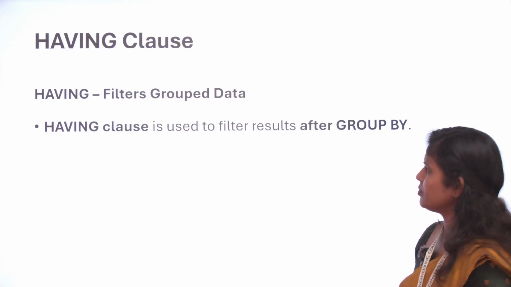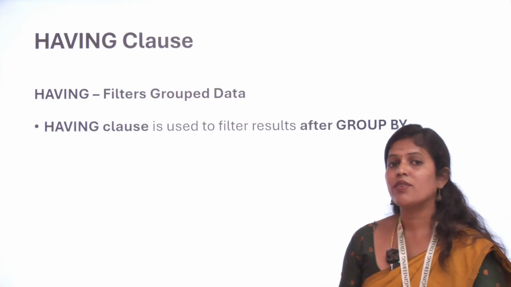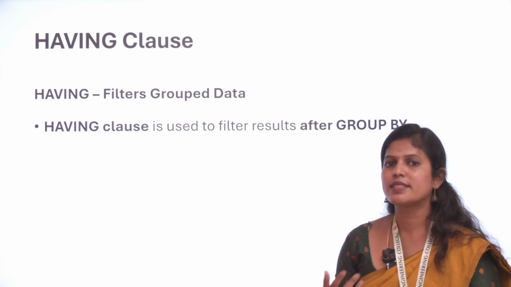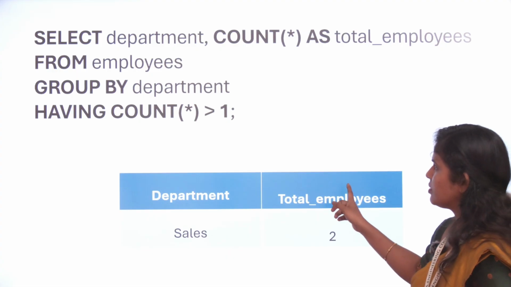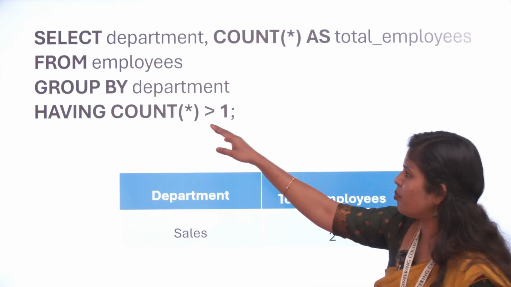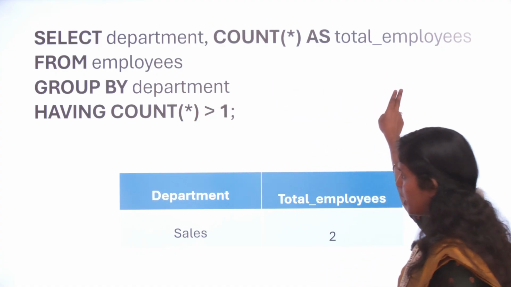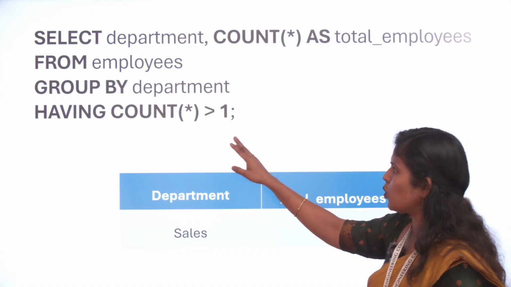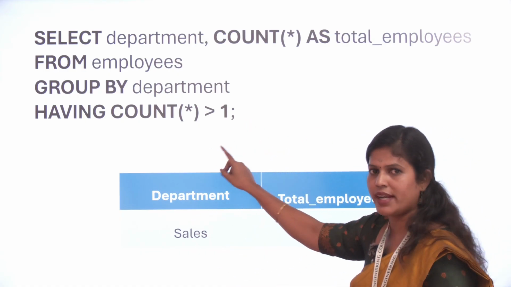The HAVING clause helps you filter the results from the GROUP BY clause. You can see here SELECT department, COUNT(*) AS total_employees FROM employees GROUP BY department HAVING COUNT(*) > 1.